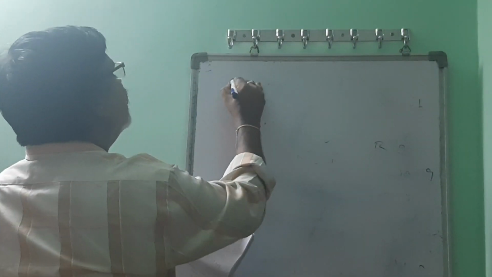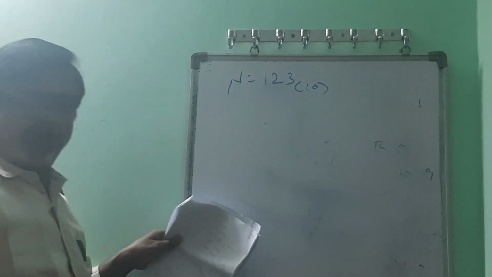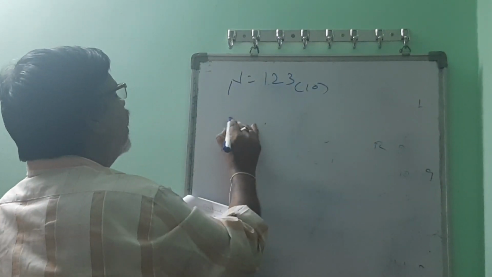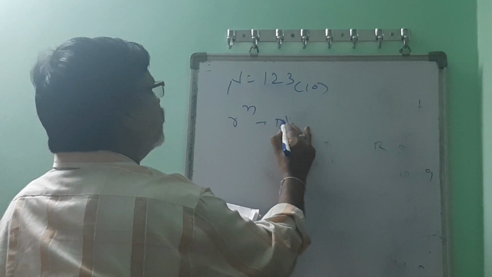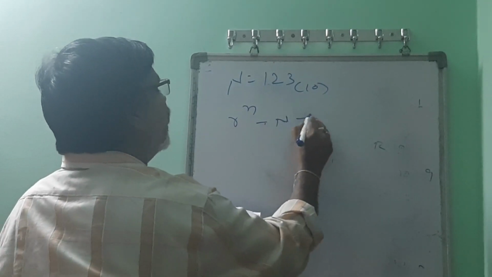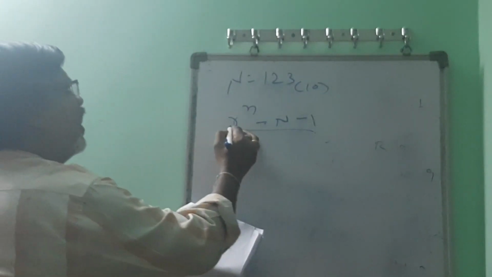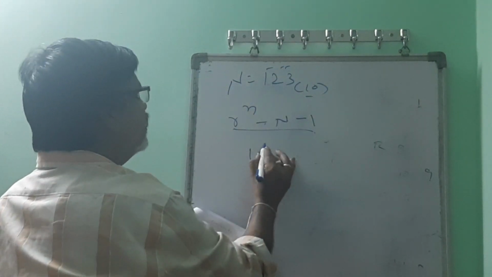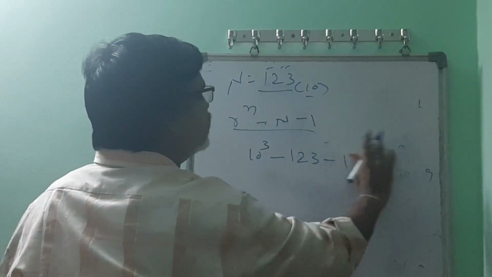Here let us take N is equal to 123 base 10. To find out r's complement and r minus 1's complement, we use the formula r power n minus N. This is r's complement minus 1, which gives r minus 1. So here r is base 10, 10 power n, where n is 3, minus 123, minus 1.